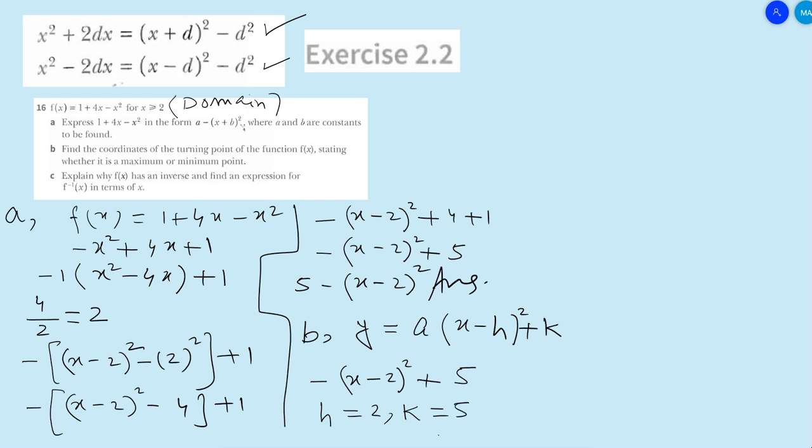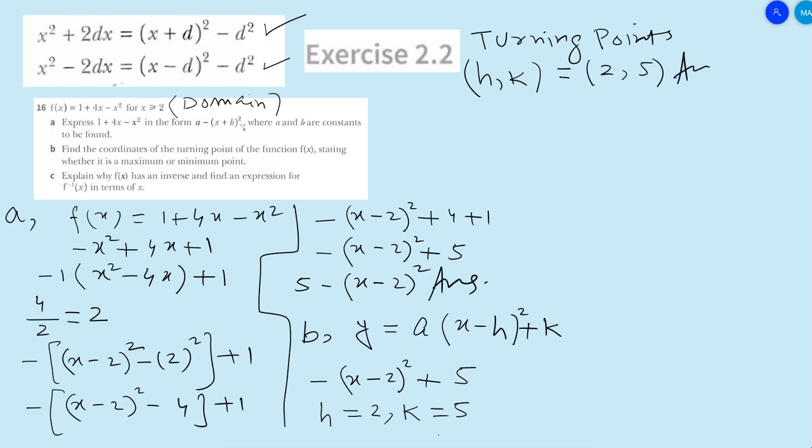And we know that turning points or stationary points or vertex are (h, k). So our h is 2 and k is 5.